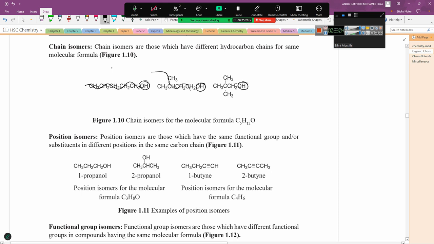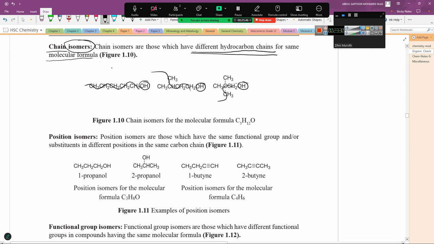The chain is different, right? Here there is no branch, but here there is a branch. And here this is going to be a chain. Again, the chain is different, right? So chain isomers are those that have different hydrocarbon chains for the same molecular formula. When the word isomers comes, we should include the same molecular formula, and for chain you should mention different hydrocarbon chains. That's all.